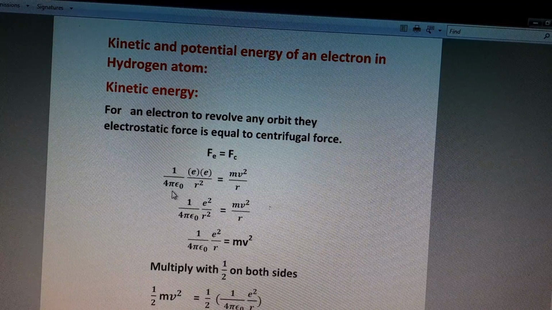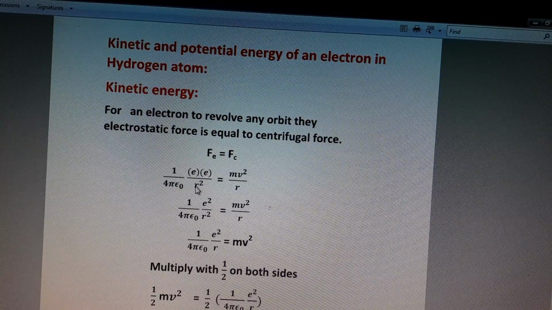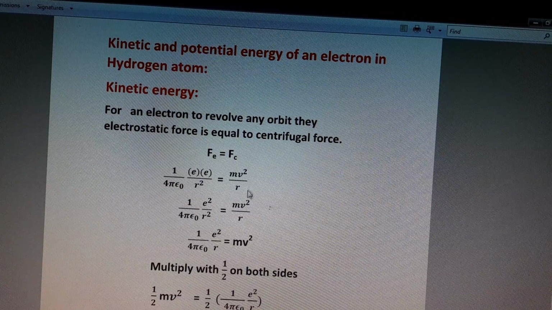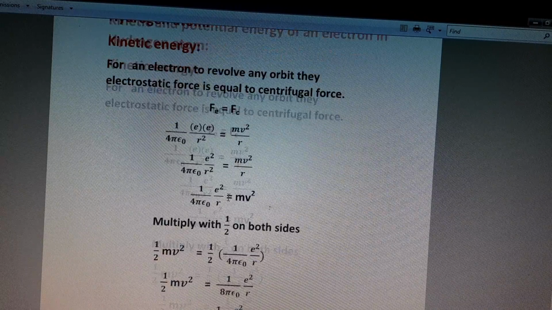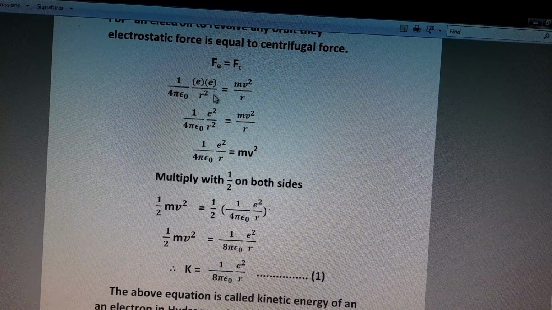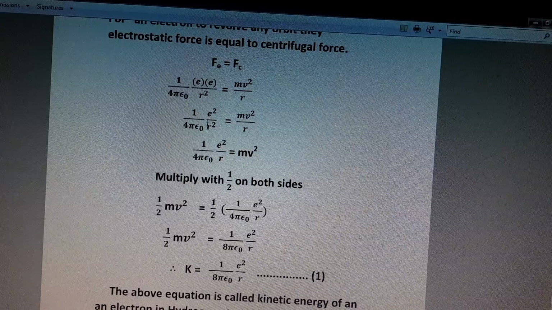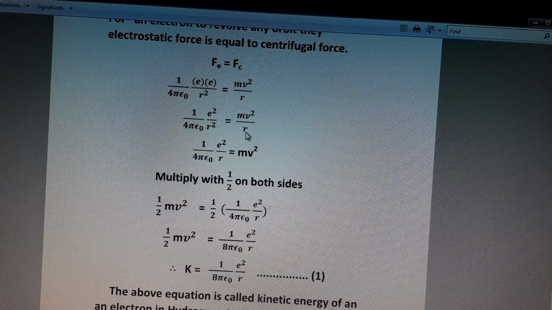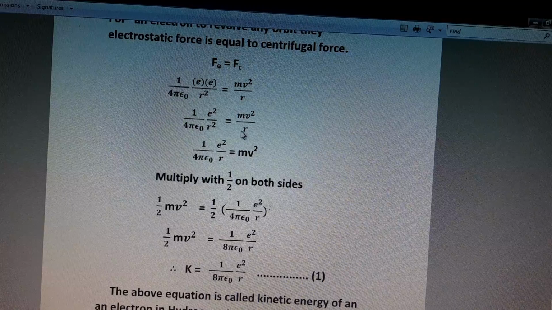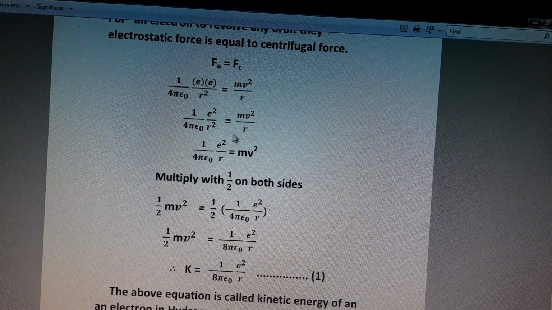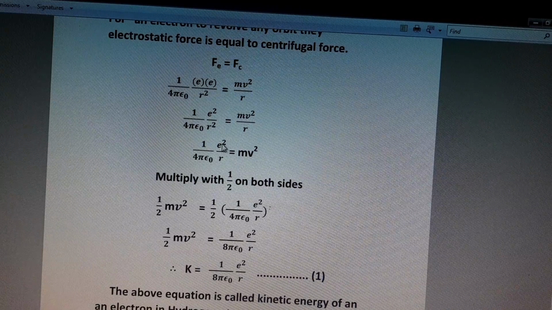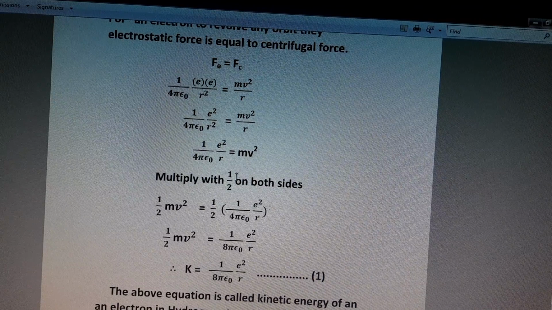So 1 by 4 pi epsilon naught e into e by R square, and the centrifugal force is mv square by R. So 1 by 4 pi epsilon naught e square by R square is equal to mv square by R. On cancelling, we get 1 by 4 pi epsilon naught e square by R is equal to mv square.